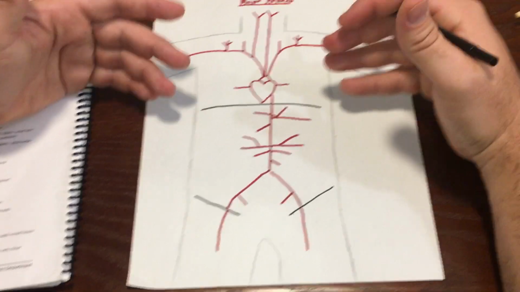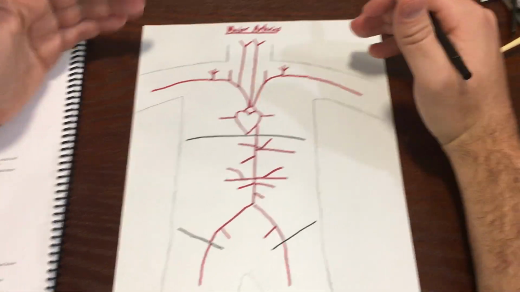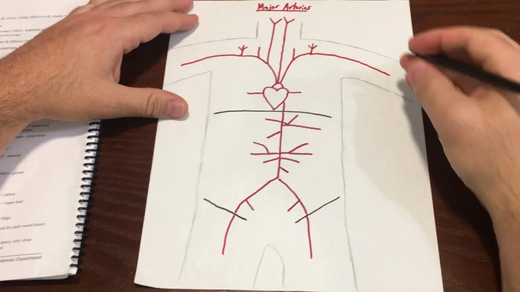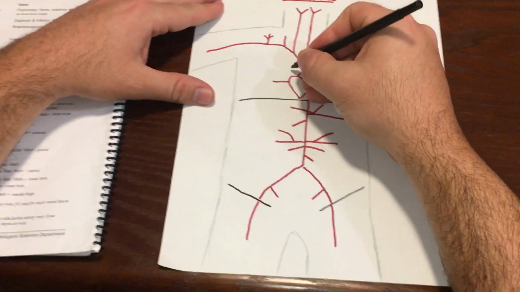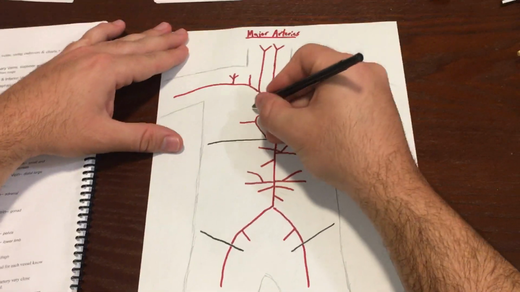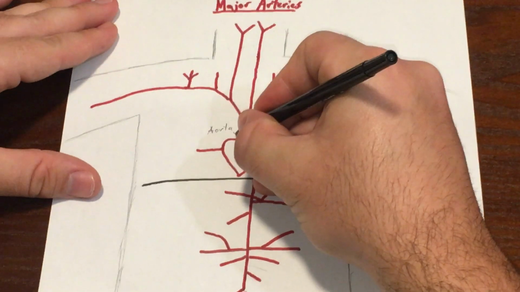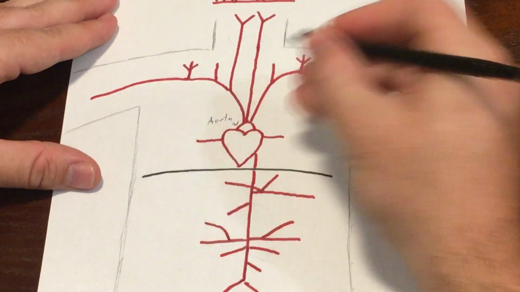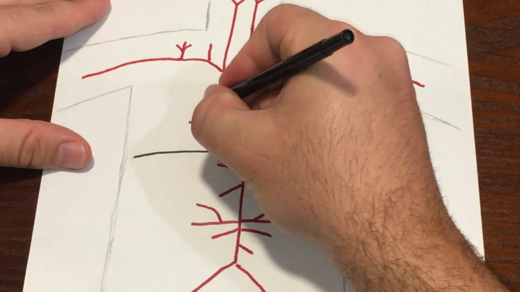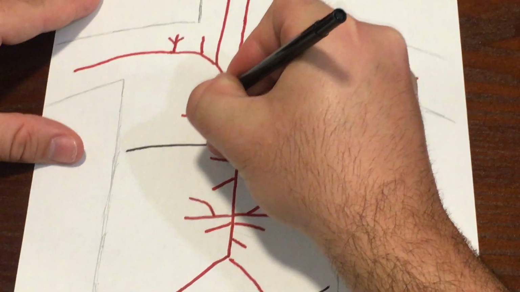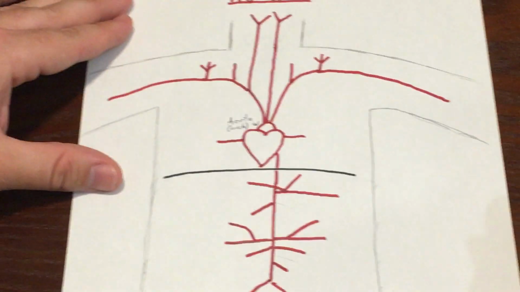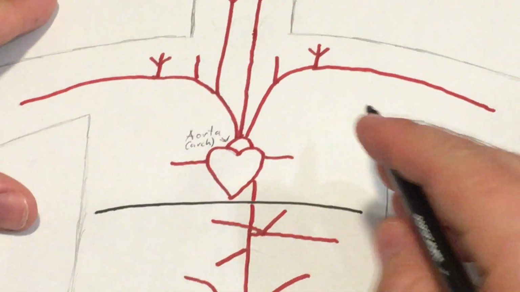So let's start with the superior side of the body, superior to the diaphragm. We're going to have the aorta right here. Then you have the aortic arch. And coming out of the aortic arch, you're going to have three vessels.